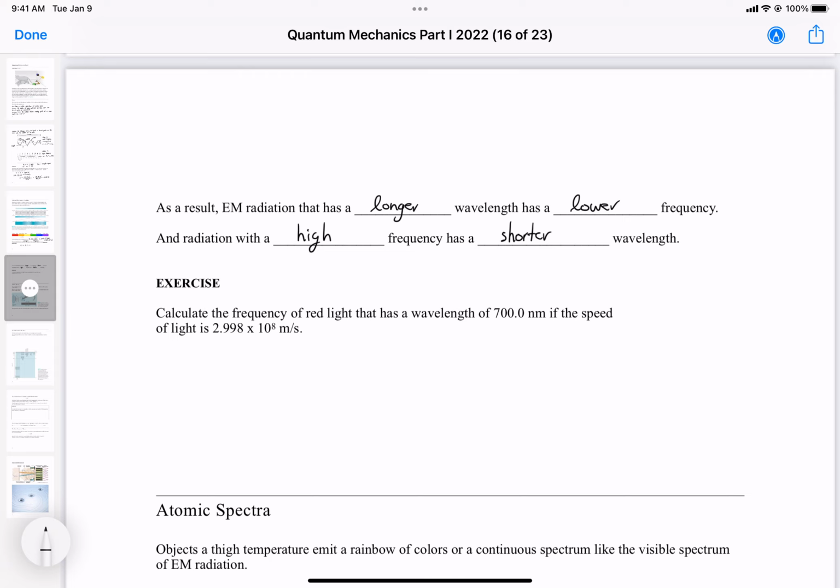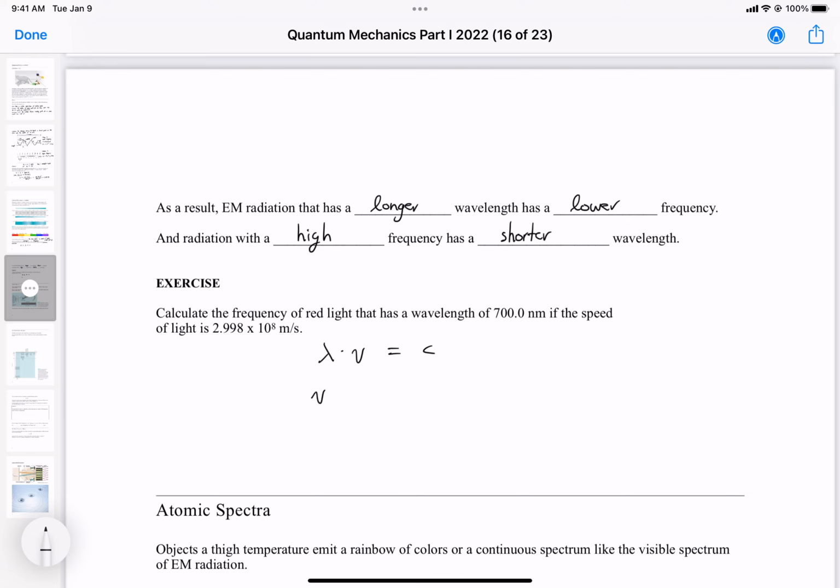What you should think about is where they fall on the spectrum, which one's shorter, which one's longer, and so forth. But don't worry too much about the exact frequency numbers or wavelength numbers. Okay? All right. So for this problem, we're going to use the equation wavelength times frequency equals the speed of light. Okay. So we're solving for frequency.